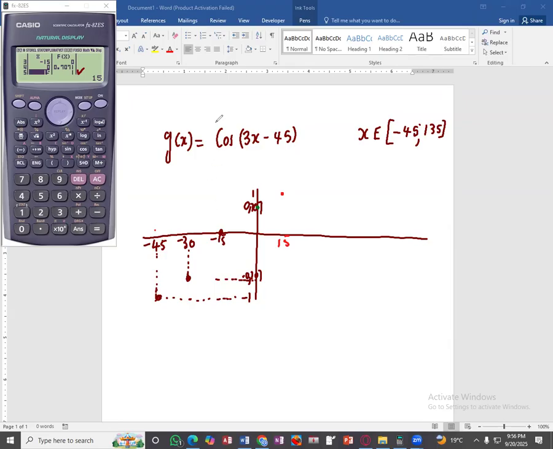If we come to this graph of cos 3x minus 45, the number before my trig ratio cos is an invisible one, which means that the amplitude of this function is 1. The highest value of y is going to be 1. So it's the turning point. So this 15 and 1, it's very, very important. It's where the graph turns.